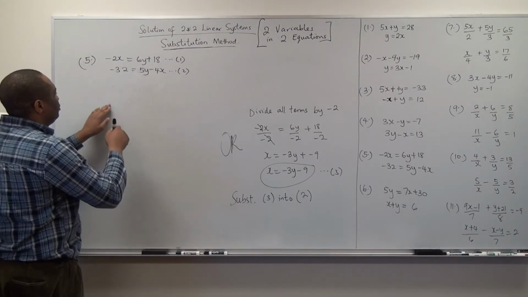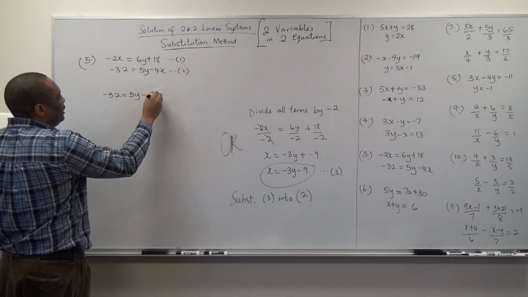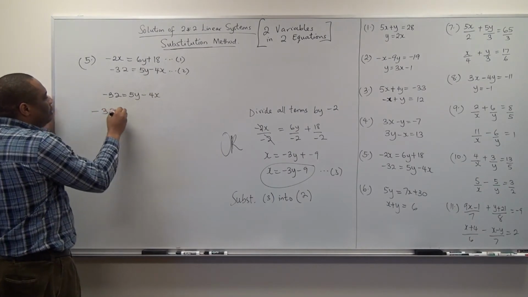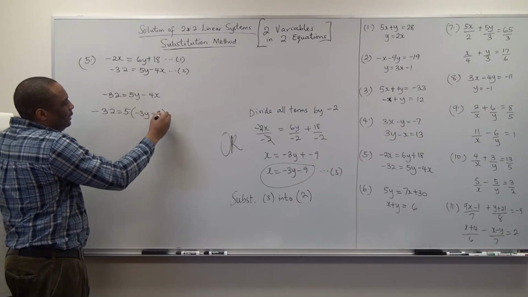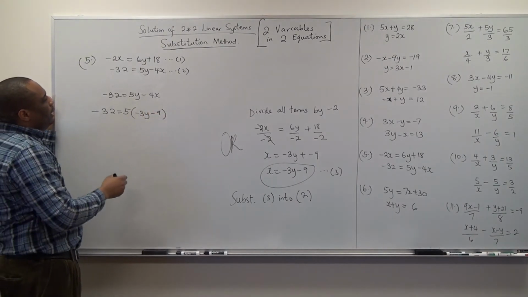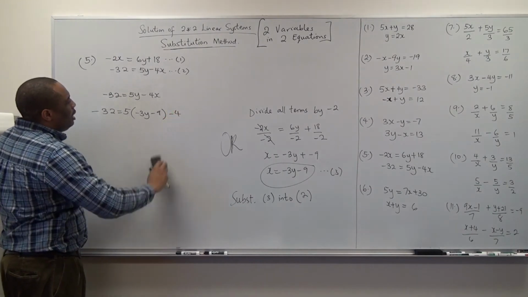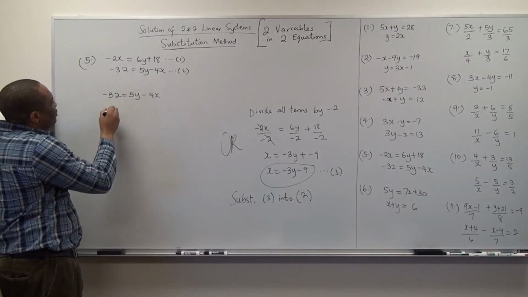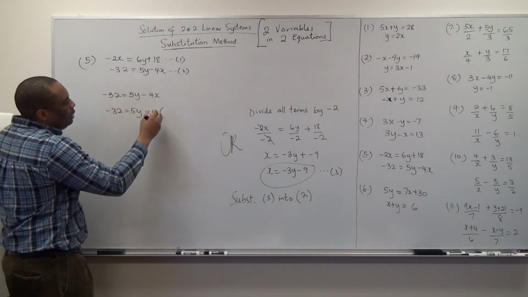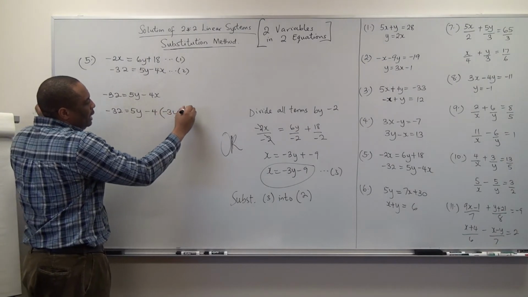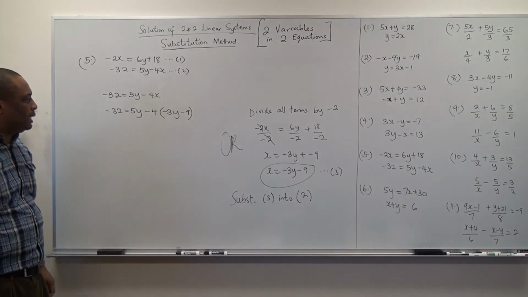So that brings us to -32 equal to 5y minus 4x. So -32 equal to 5y minus 4 into -3y minus 9. Whenever you see x, you put -3y minus 9.